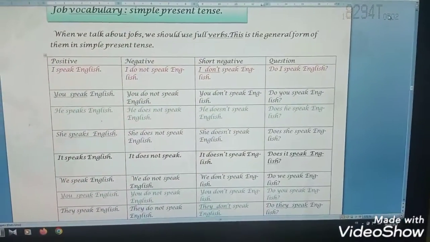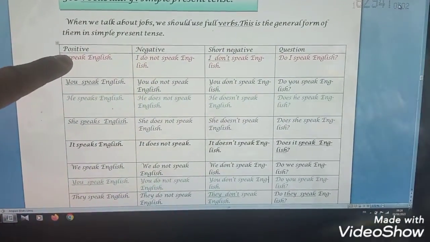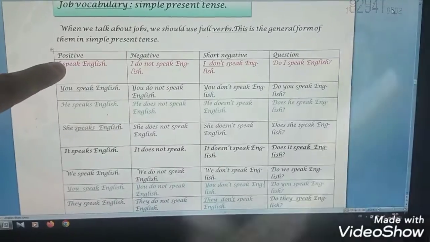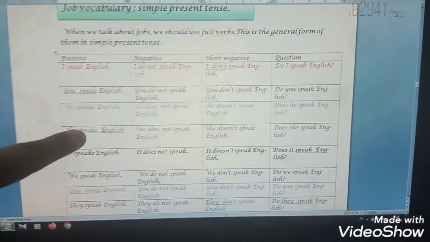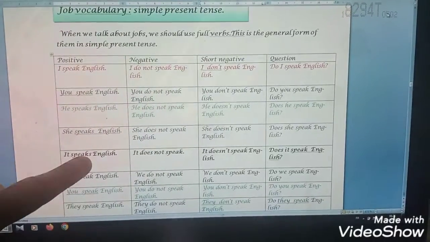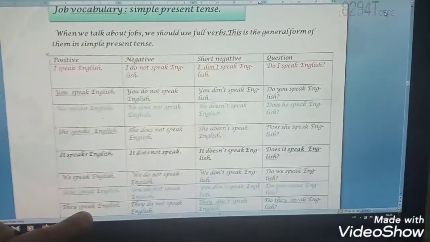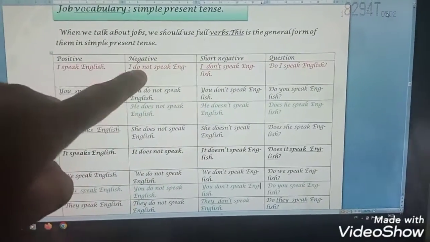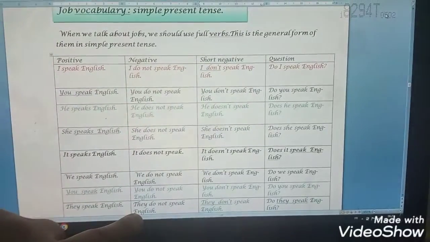For example, when I conjugate it in the simple present tense, it's simple. We shall review. I speak English. For example, verb speak. With he and she and it, I add the s. He, she, it speaks. And we, you, and they stay as it is. With the negative form, I do not speak with all the pronouns.